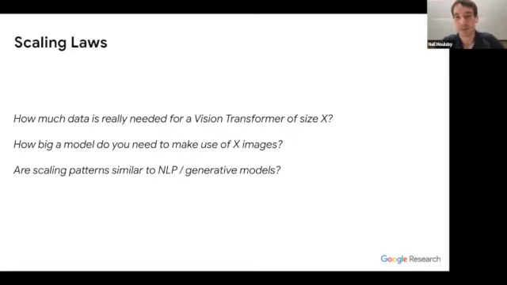We took a look at what happens at the other end of the spectrum and tried to quantify better: if you have a vision transformer of size X, how much data do you need to train it? And vice versa, if you have 10 million images, how big a model does one need to learn from those? And are the scaling laws similar to those demonstrated in well-known papers from OpenAI on scaling laws of language models?